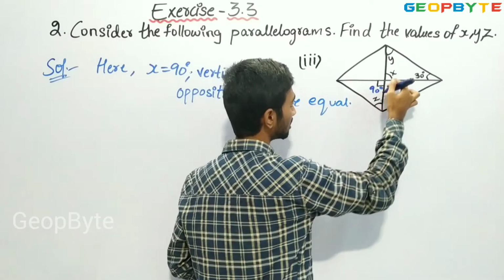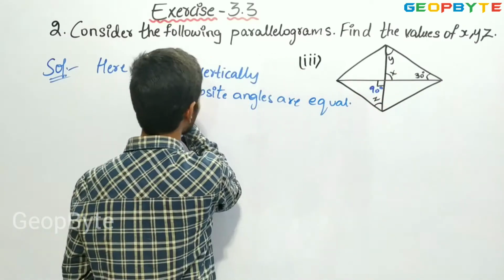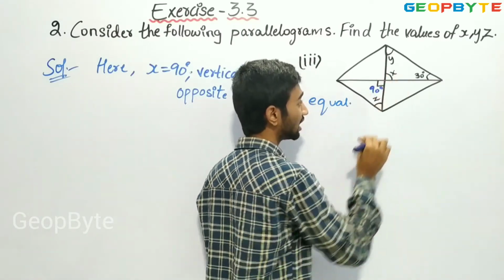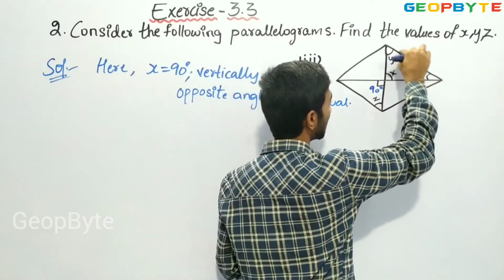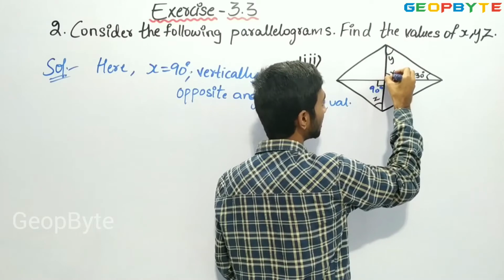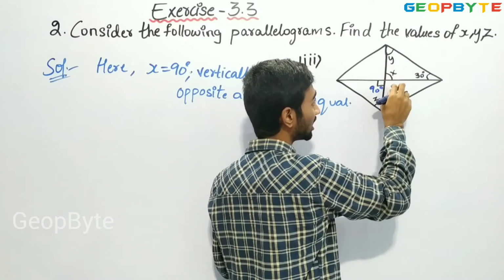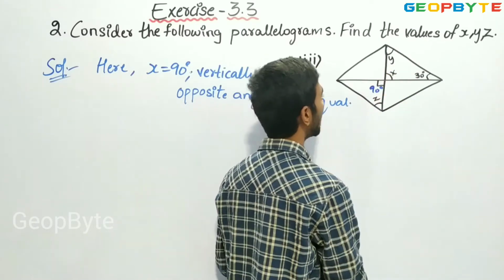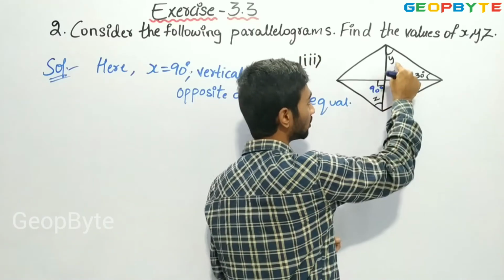And here directly we can say that this is a right angle triangle, because the lines are perpendicular. And now we will find the value of y.